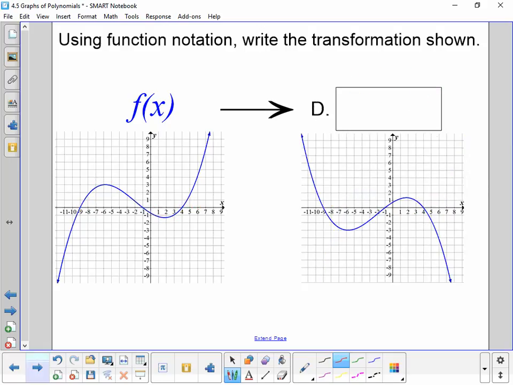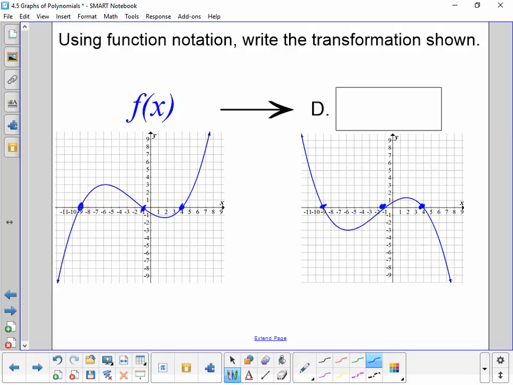All right, D. f of x is this function that we've been looking at, and now we have this function D that looks quite a bit different than f of x. It has, though, if you look, the exact same intercepts, -9, -1, and +4. So this has to be a stretch.